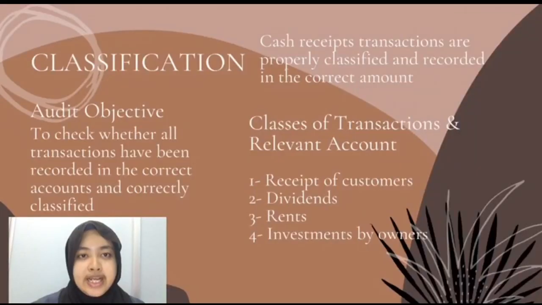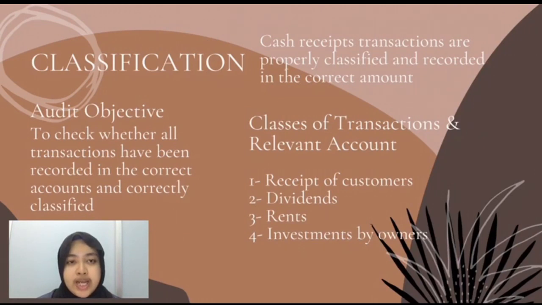Next section is classification. Cash receipts transactions are properly classified and recorded in the correct amount. The objective is to check whether all transactions have been recorded in the correct accounts and correctly classified.